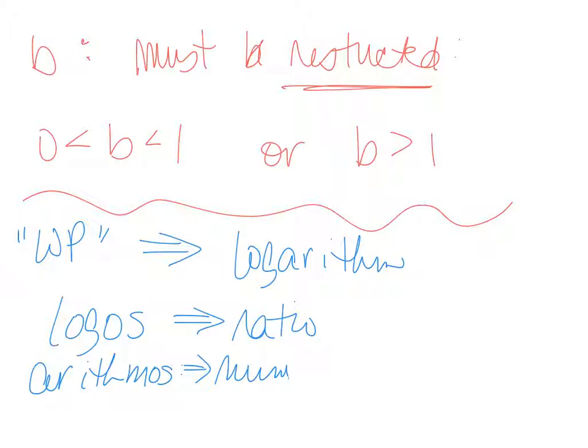Let's rewrite it. So ratio, number. The number b is the base of the logarithm. It's the base of the logarithm.